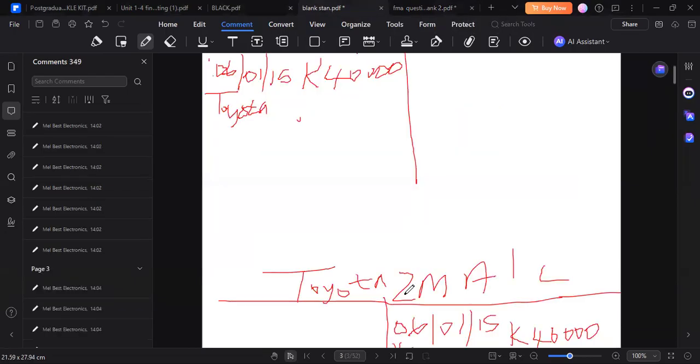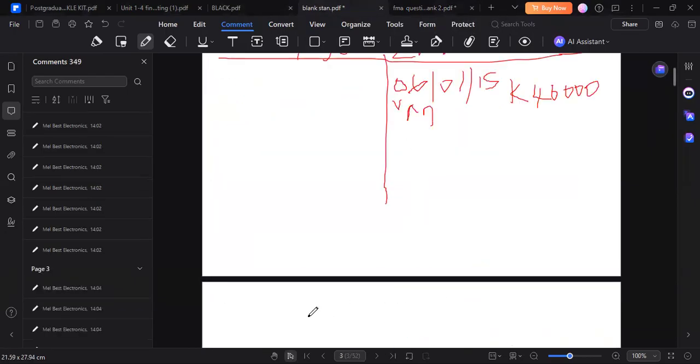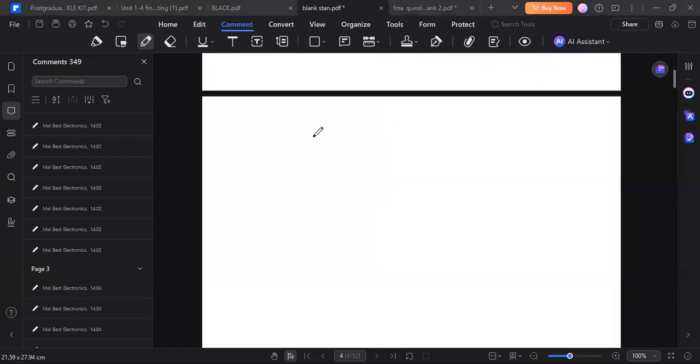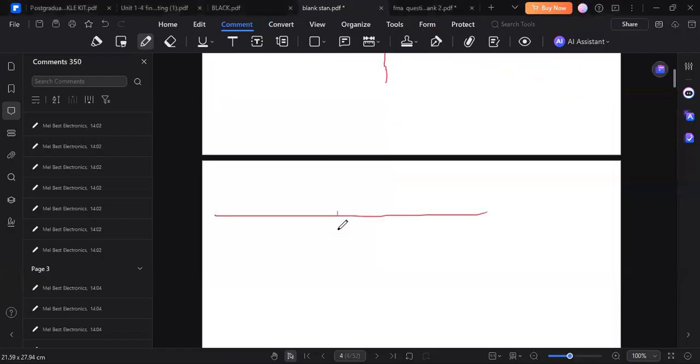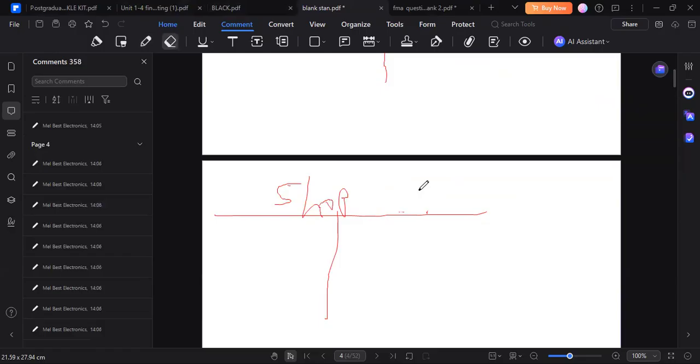We're going to have a shop premises account. So we have the shop premises account.